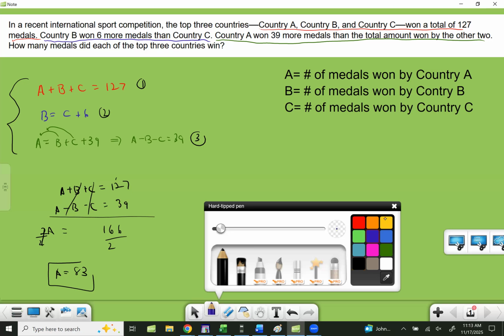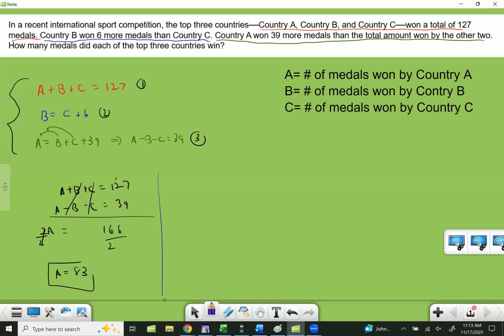So let's go ahead and take this top equation, the A plus B plus C equals 127, and let's plug 83 in right there. I'm going to take away 83 from both sides. So I have that B plus C equals 44.